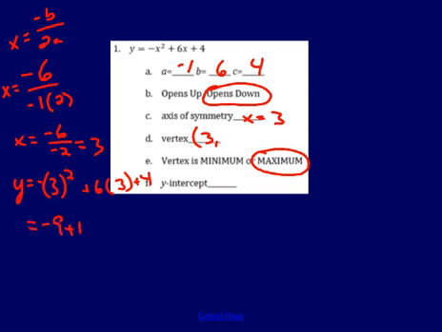Negative 9 plus 18 plus 4. 9 plus 4 is 13. So 13. Y-intercept. I know that x equals 0 when the y-intercept happens. So if I plug a 0 in, think about it. Negative 0 squared plus 6 times 0 plus 4. This is just going to be 0 plus 0 plus 4. So y equals 4 there. So my y-intercept is 0, 4.